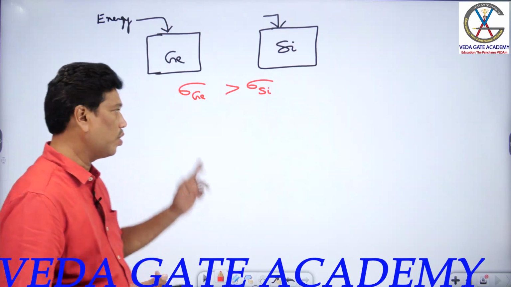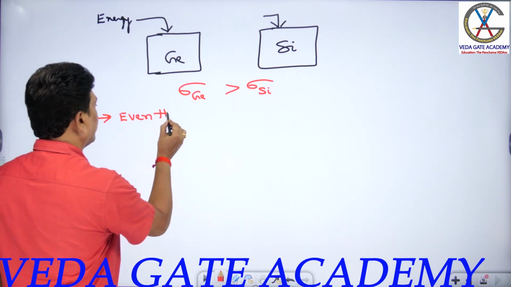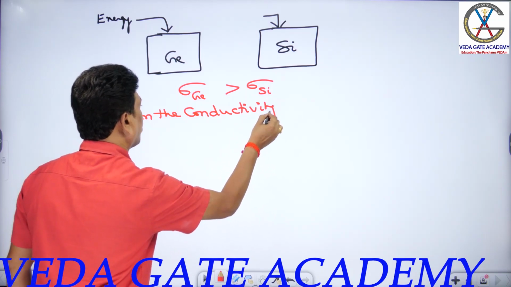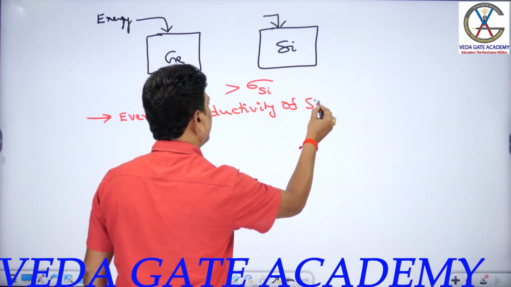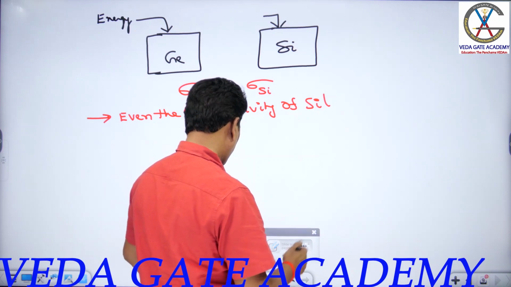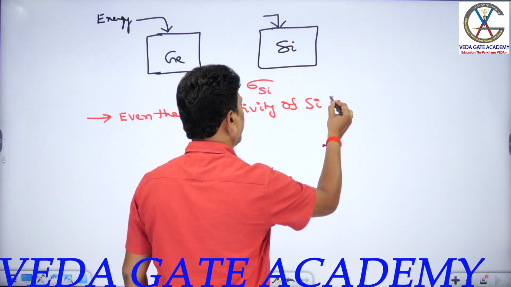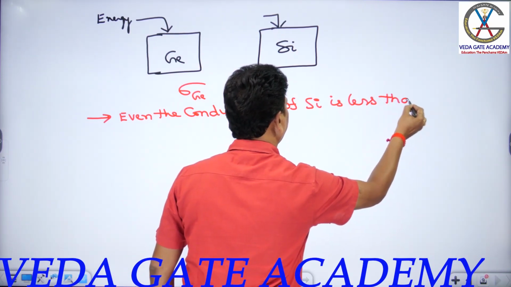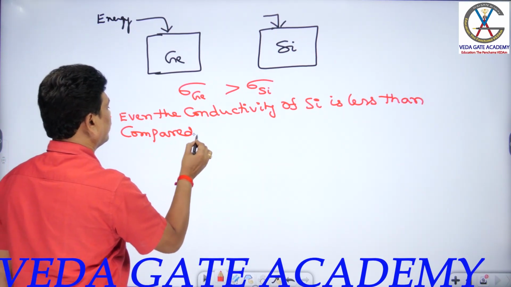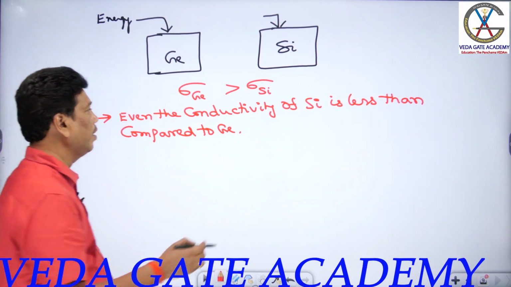I discussed this, right? So now, even though the conductivity of silicon is less than compared to germanium, which one is preferred?